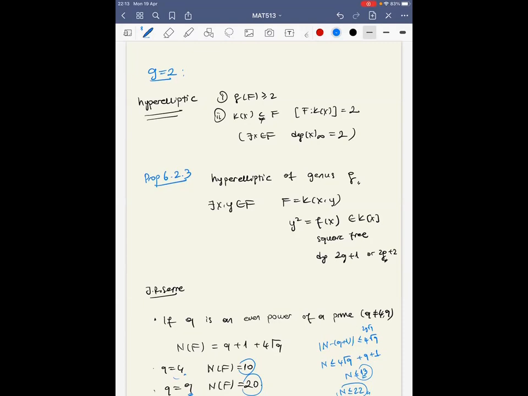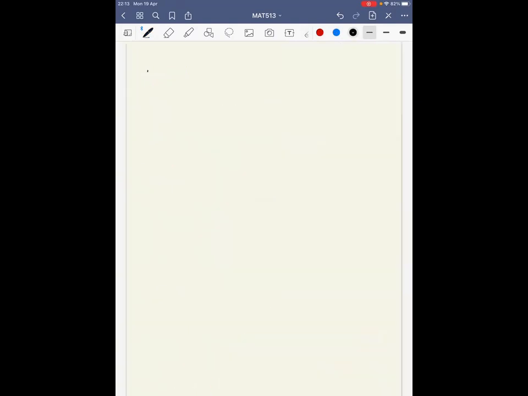But when q is an odd power of a prime, it was analyzed by certain cases.